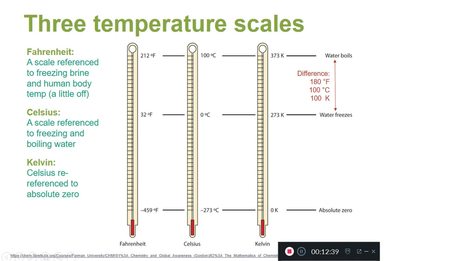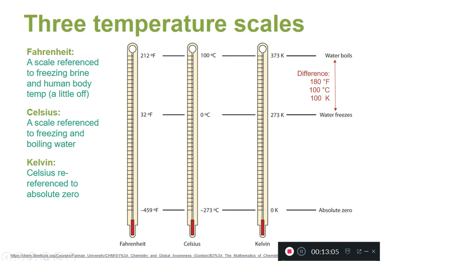So Celsius uses the 0 of freezing water and the 100 of boiling water to make its scale. Now, once you re-reference this, we need a conversion factor. So for every 100 degrees difference in Celsius, it's 180 degrees difference in Fahrenheit. So that's where we have to rescale things when we're doing our conversions.